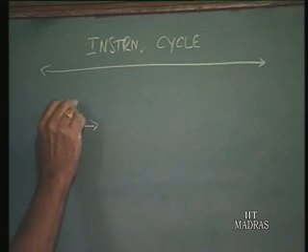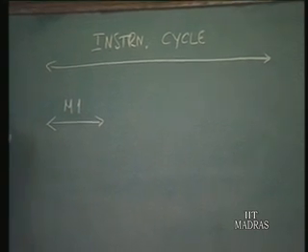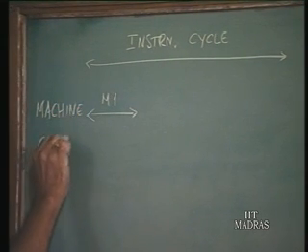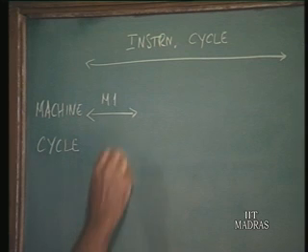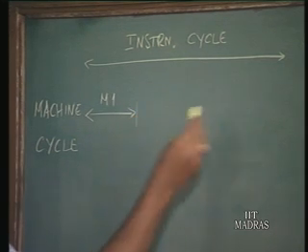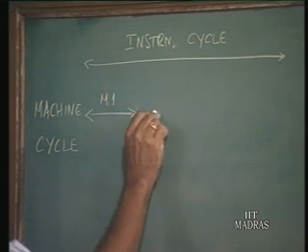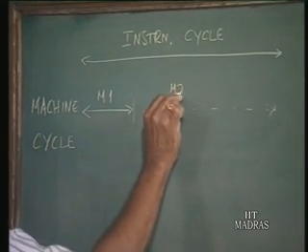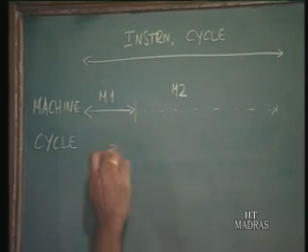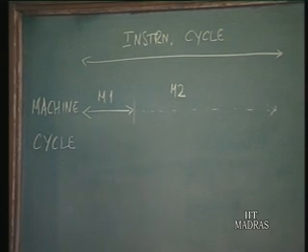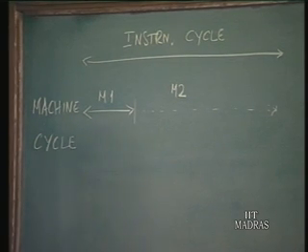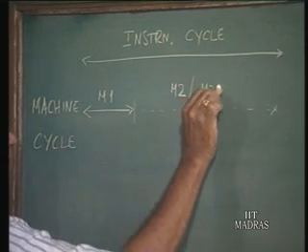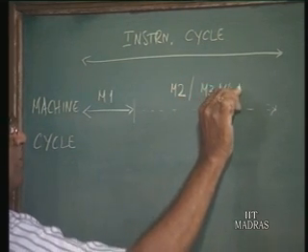It is given that M1 of course is always there, and then it will vary. In the rest of it, for an instruction you will have only M2 minimum. It says that an instruction cycle consists of a minimum of 2 machine cycles, M1 and M2. Then optionally you may also have M3, M4, M5, right.